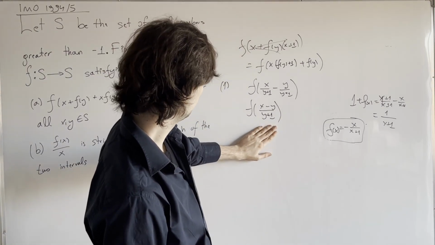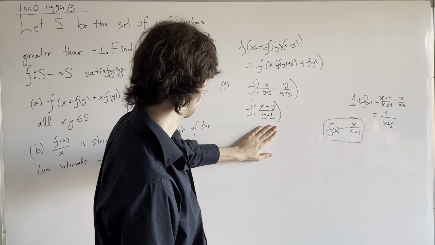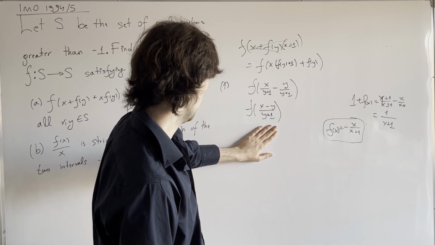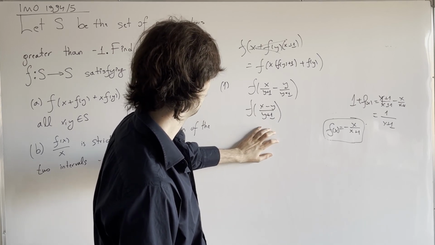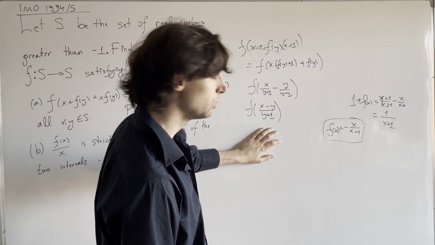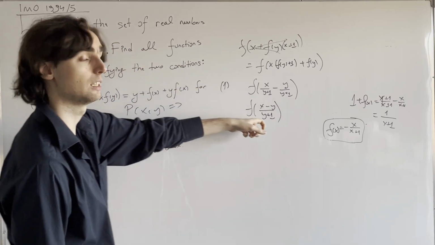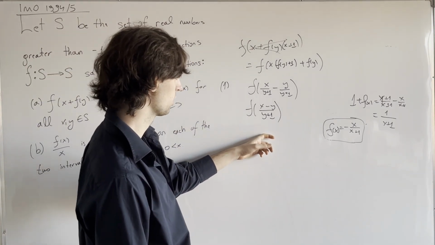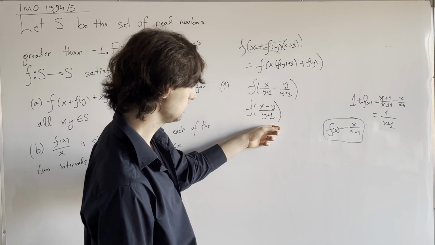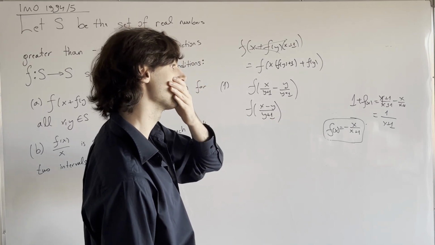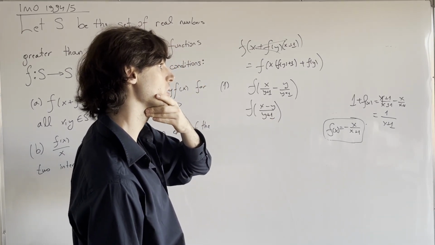This should still be in range if x and y are between 0 and 1. I think we do need to check that this value right here is still actually in the set S. If x and y are in S, then this is in S. How can we check that? What is my worry?